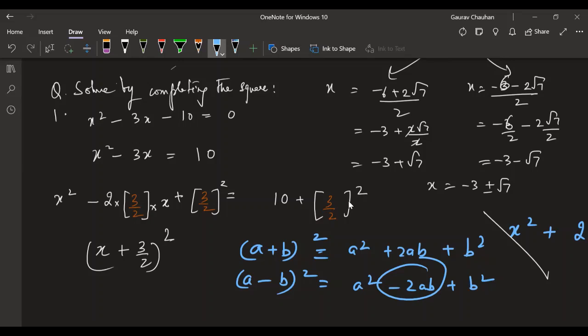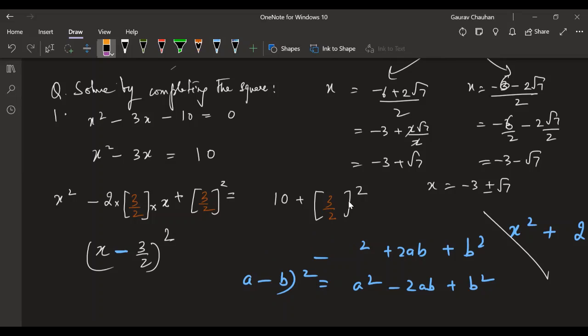Now when I have this minus 2ab form, here also minus will come, no? At that time, this will also get minus. This will not be plus anymore. So Mansa's mistake was here. This will be minus. Good with that?